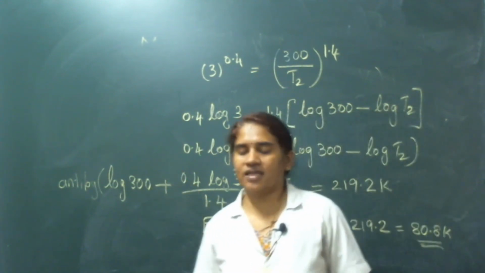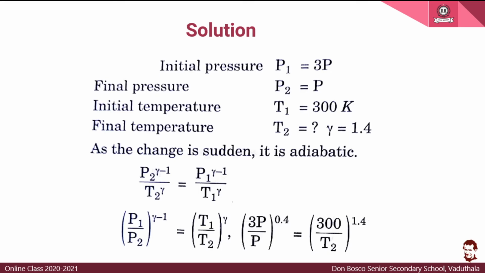Just see the steps once again. Initial pressure, final pressure, initial temperature, etc. were given. So we chose the formula in terms of pressure and temperature. After that we substituted the values there.